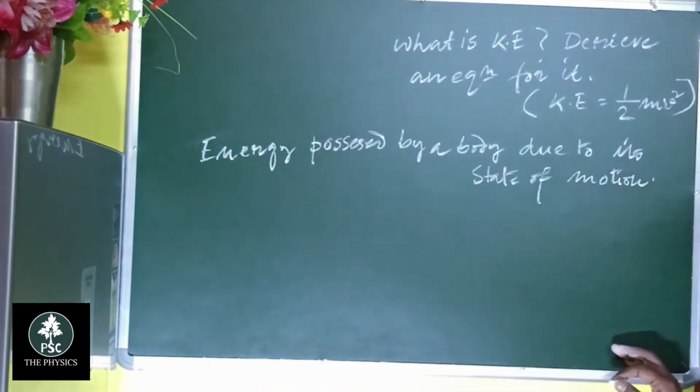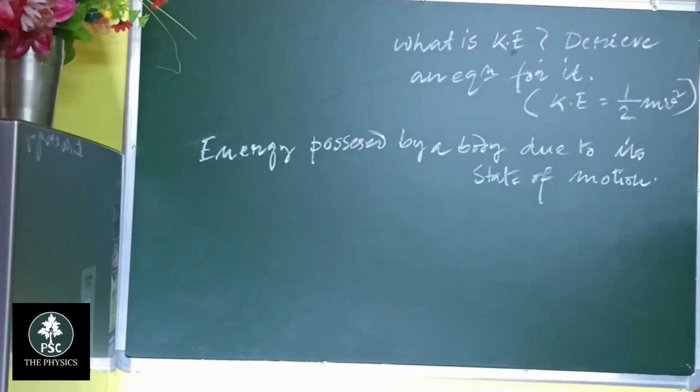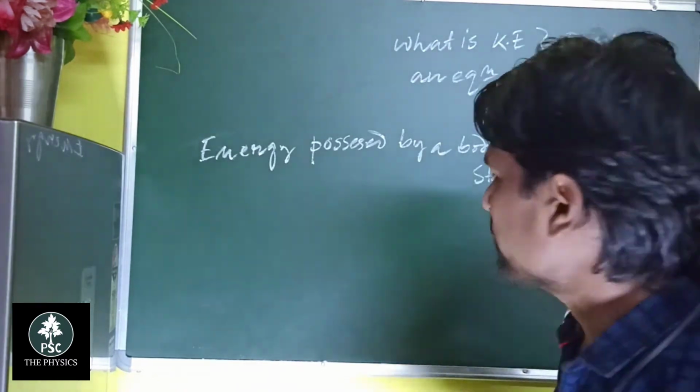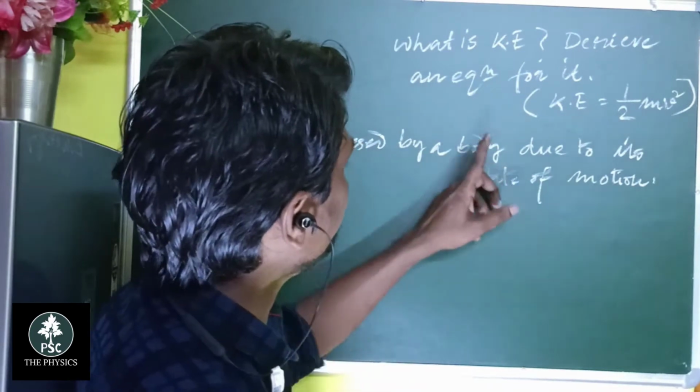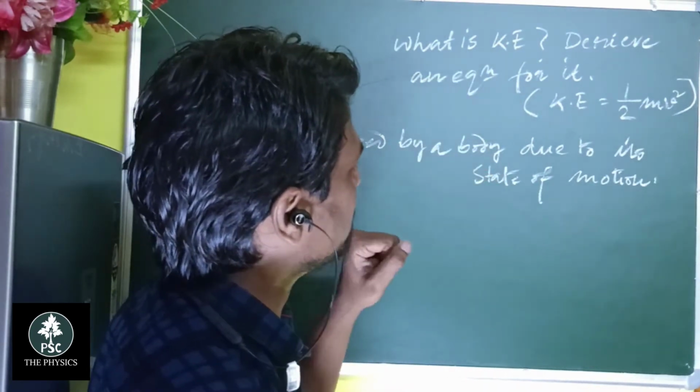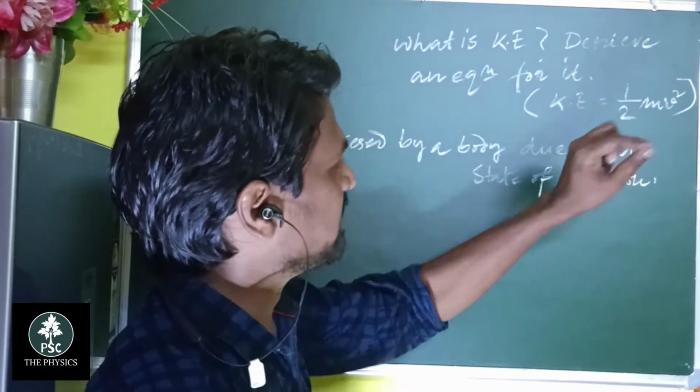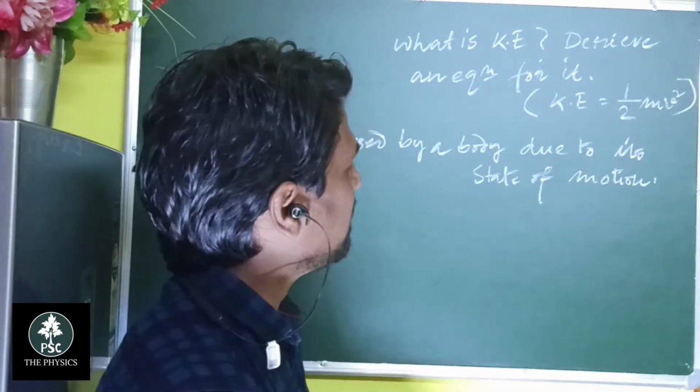The energy possessed by a body due to its state of motion is called kinetic energy. And the next one is to derive an equation for it, that is, you have to derive kinetic energy equal to half mv square.